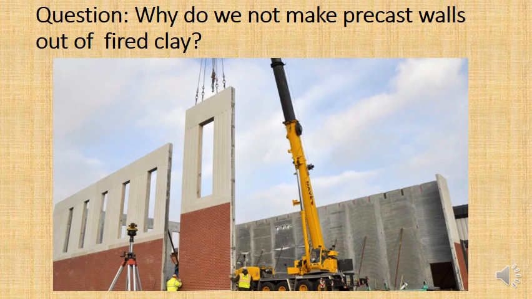Well, it's because if you wanted to build a big slab like that out of oven clay, you would need to build a specialist kiln. It's going to be massive, and you're going to have to heat it to 1800 degrees Celsius. It's going to be far too expensive for a one-off slab.